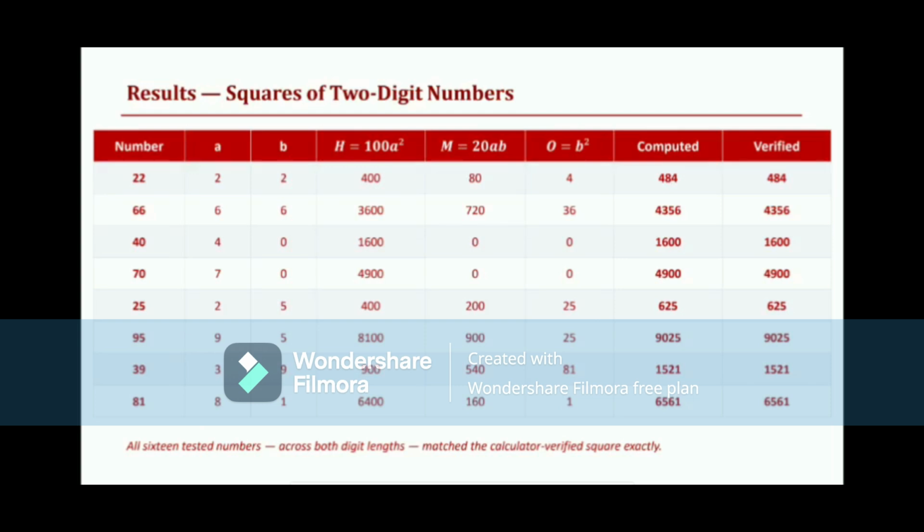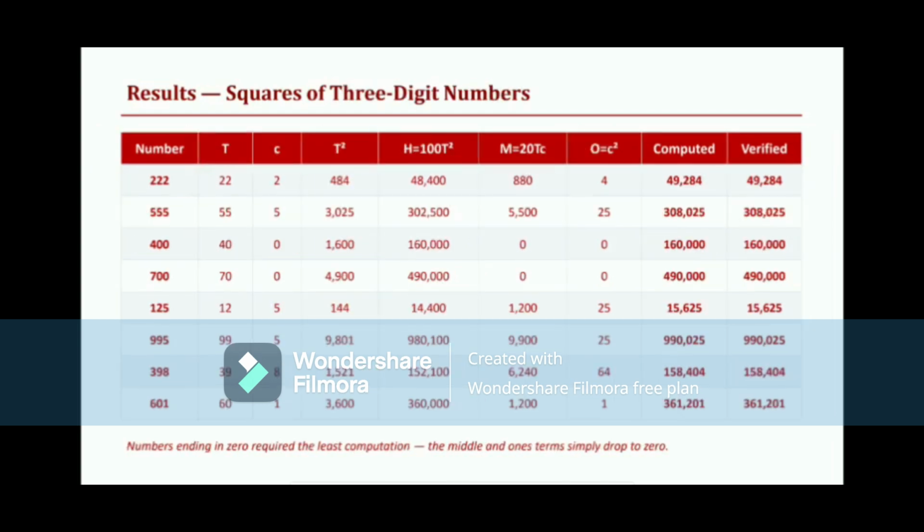Table 1 presents the results for 2-digit numbers, while Table 2 presents the results for 3-digit numbers.